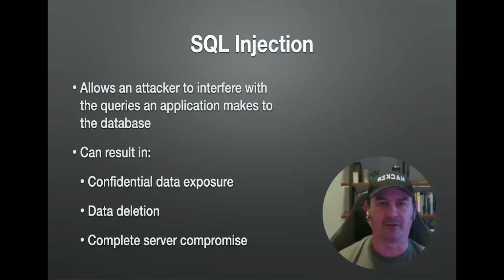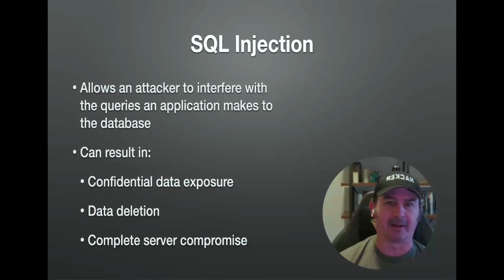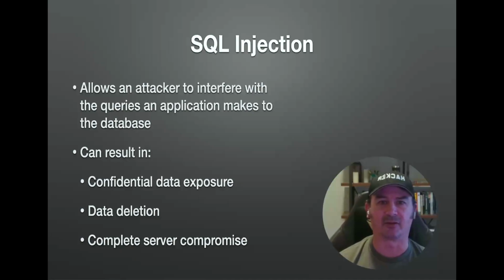So, what is SQL injection? Well, at its core, it's a vulnerability that allows an attacker to interfere with the SQL query that an application sends to the database. So if there's a SQL injection vulnerability, it can result in confidential data exposure.